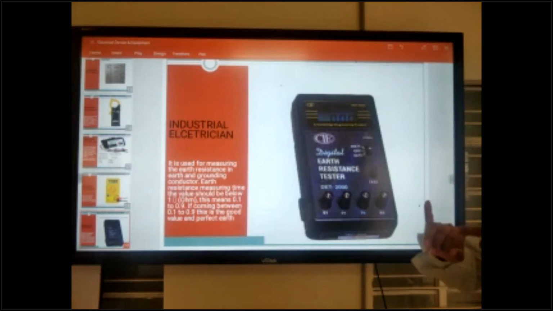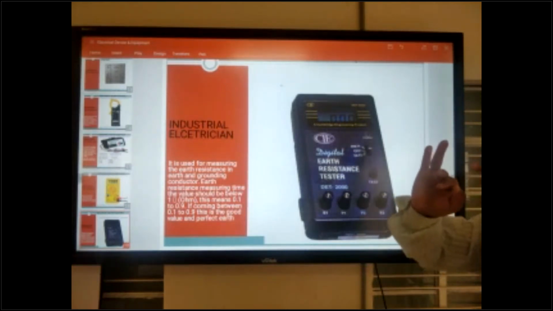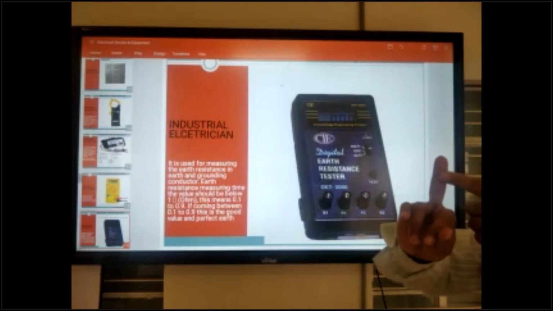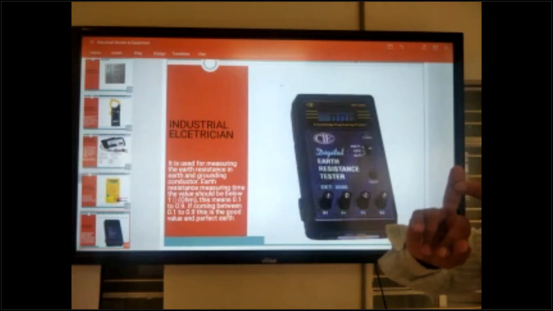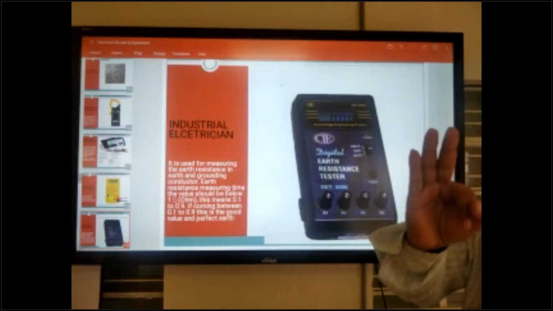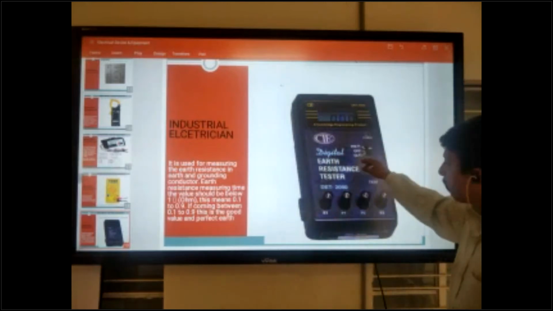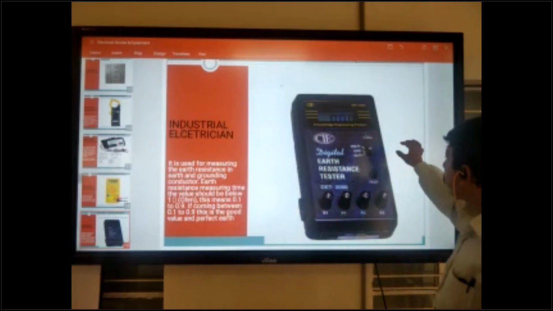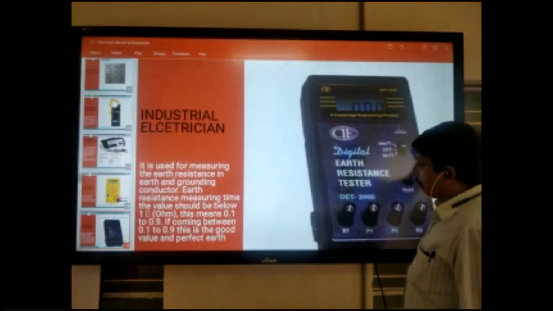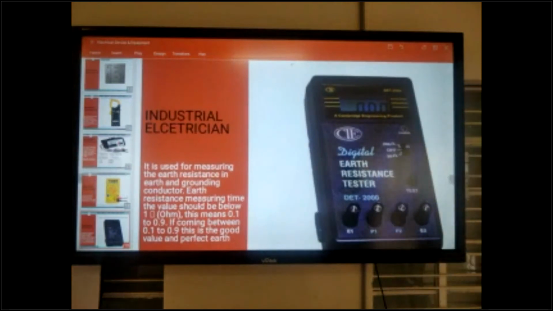So we have already completed the clamp meter, Megger and multimeter. Okay, 3 are completed. Now next one is the earth resistance tester.